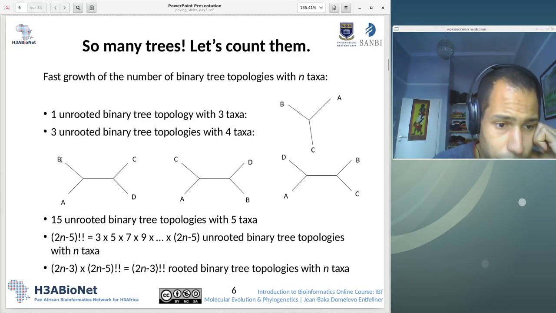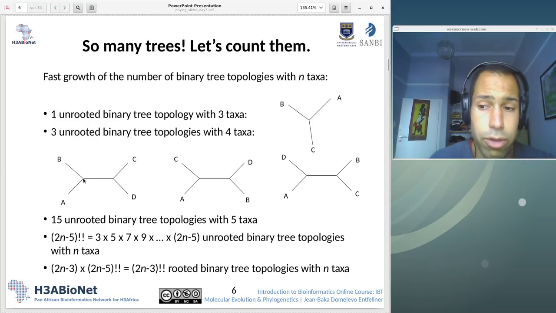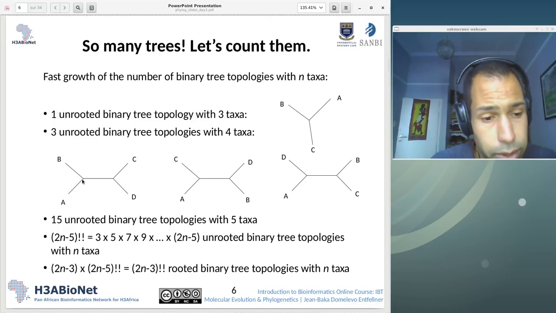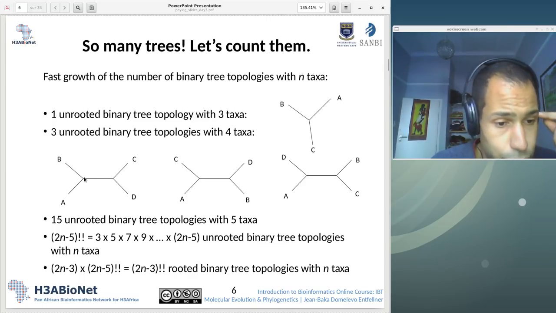okay? Because since we have removed B here, this node becomes a node with only 2 adjacent branches, and it is not possible to have a node with 2 adjacent branches in a binary tree, okay? So you have to merge these 2.